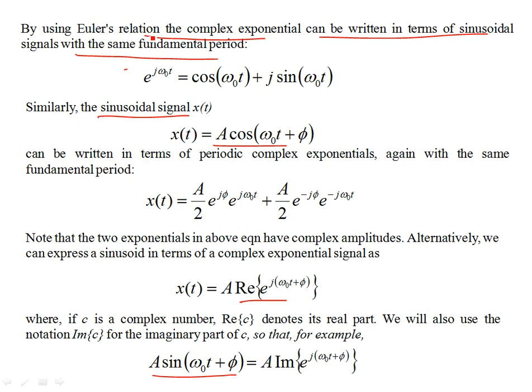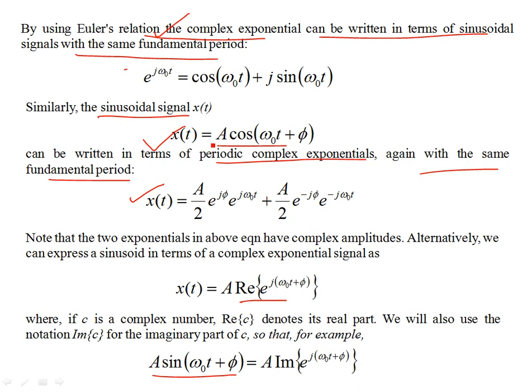This particular form of x(t) can also be expressed like this. You can have a polar form of the magnitudes and the phases. It can be written in terms of periodic complex exponentials, again with the same fundamental period. The fundamental period is going to stay the same. These are just different expressions.